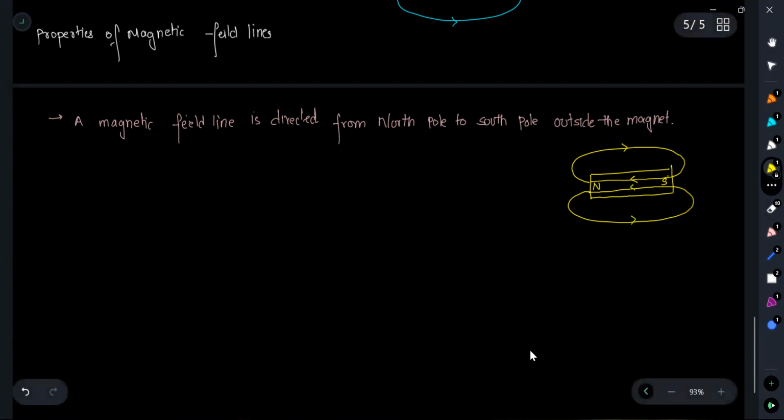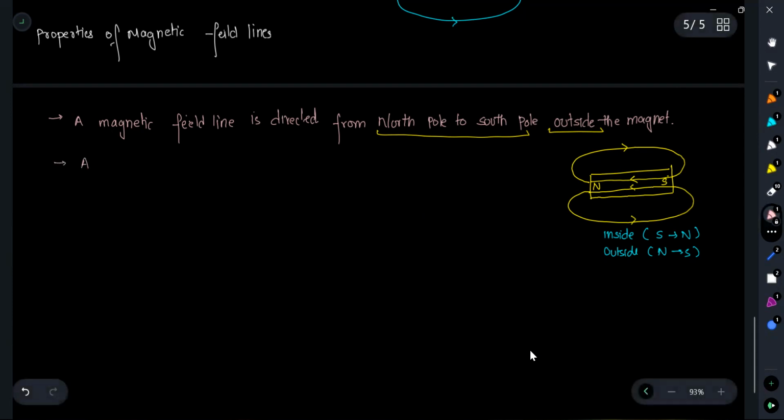So yeah, this would be your closed and continuous path. So outside the magnet, it is from north pole to south pole. Inside the magnet, it will be from south pole to north pole. Remember this.